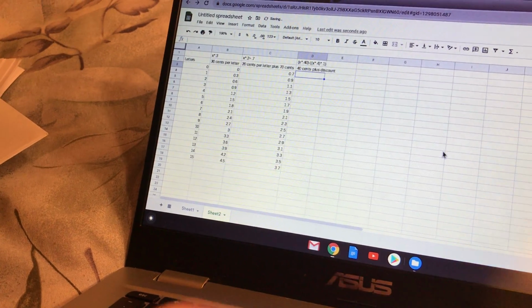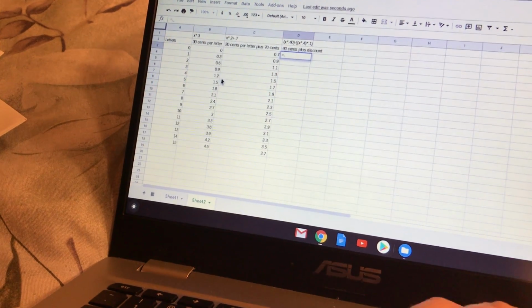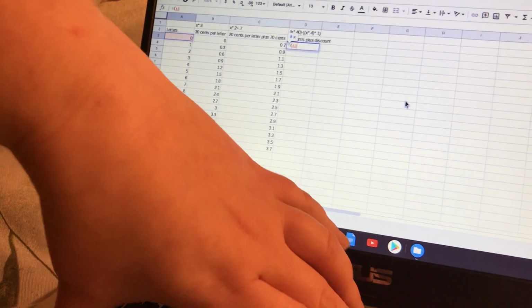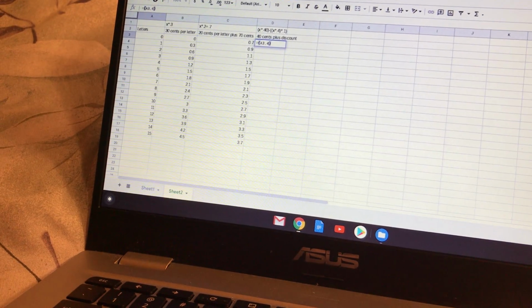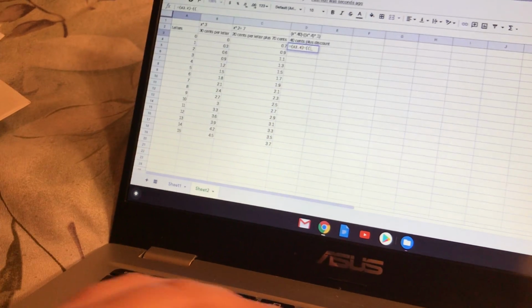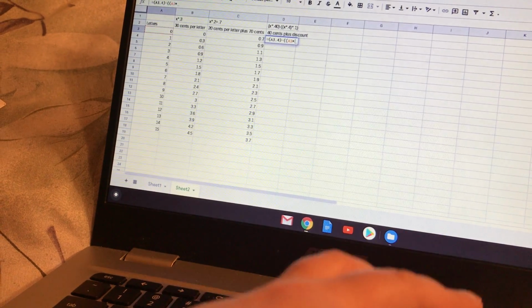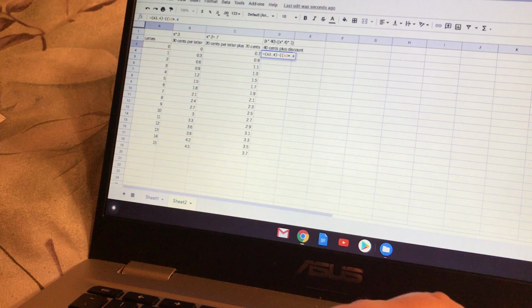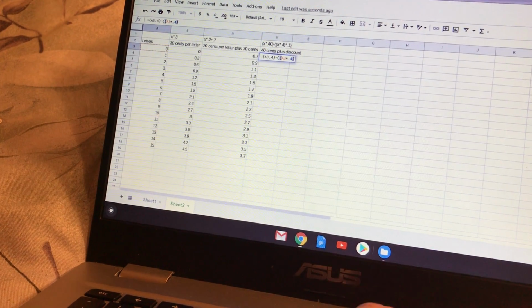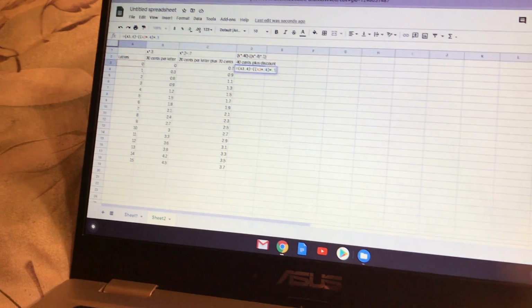And then to put it into Excel, that times 0.4 minus double parentheses, then times 0.1.